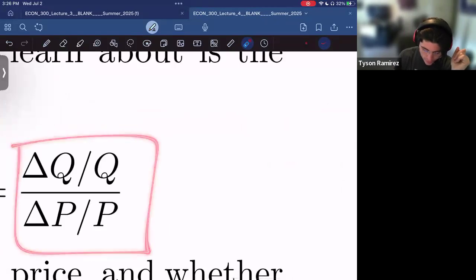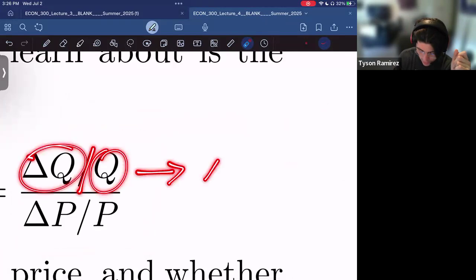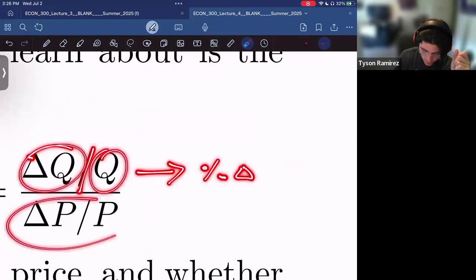Mathematically, this looks like this. This is the change in quantity, and then you divide it by the original quantity. This gives a percent change. And then you do the same with price.